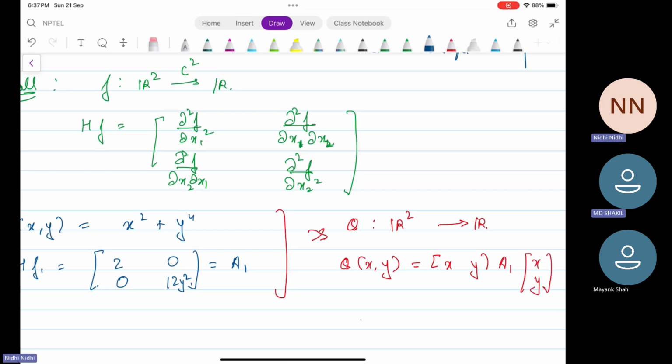Here, the x,y on both sides are the same, both are treated as variables.